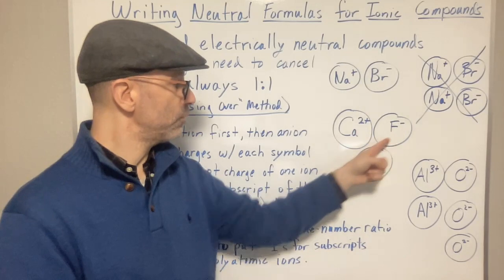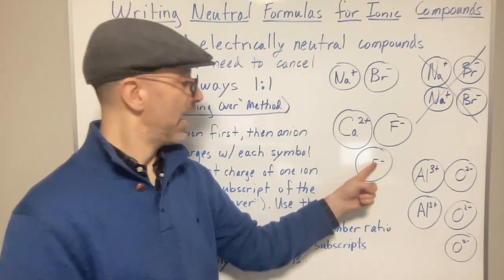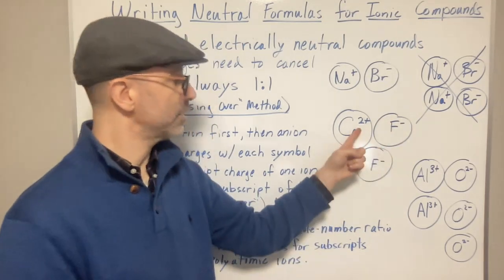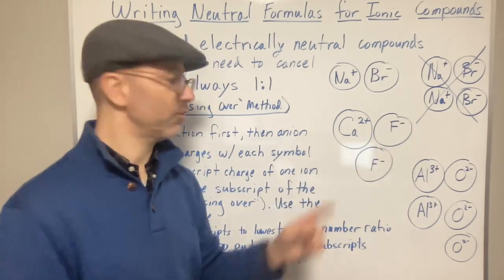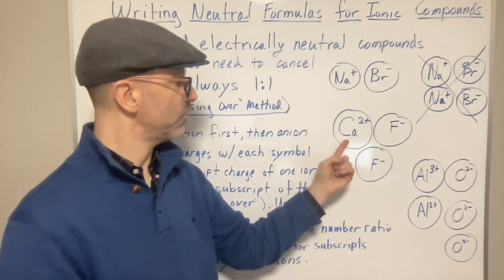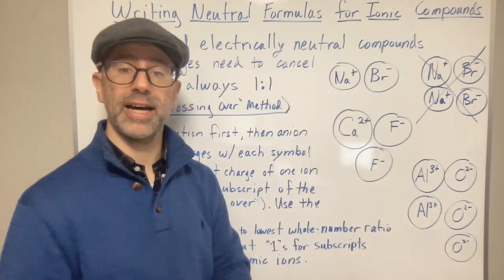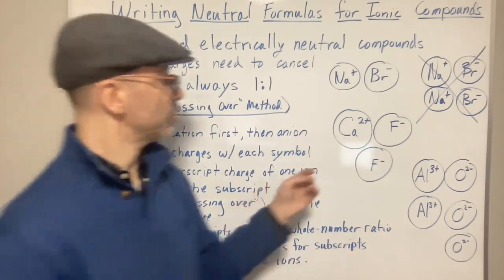So you're going to need 2 of these to create a total of a negative 2 charge. And that negative 2 will balance the 2 plus charge from the calcium. So the formula for this compound is going to be CaF2 because you need 2 fluoride ions to balance the charge.